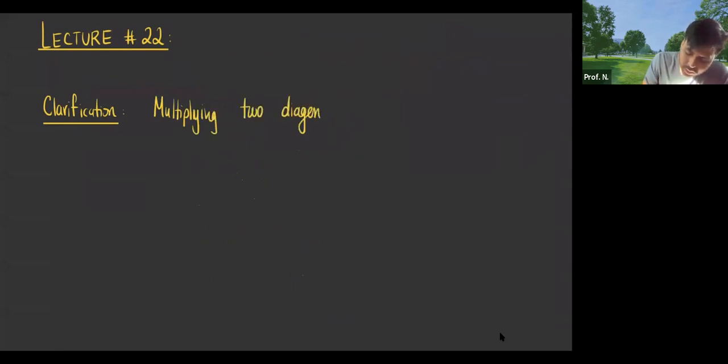Clarification: multiplying two diagonal matrices is commutative.